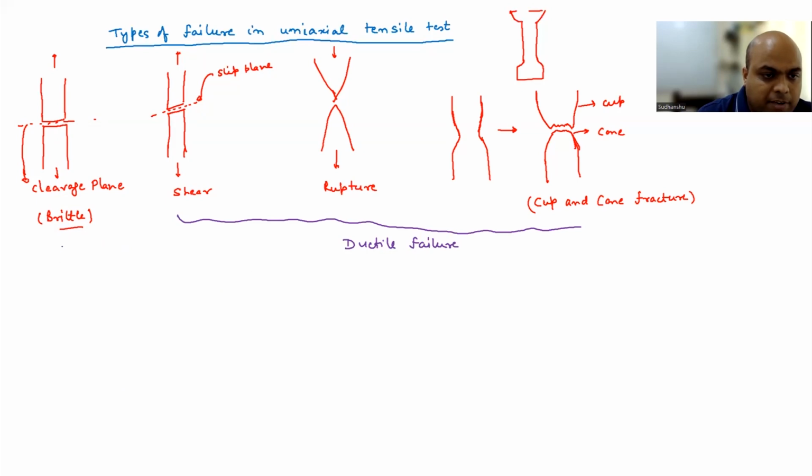Now when we talk about cleavage failure in brittle material, here you are not going to see any deformation, or even if deformation is there, it is very little. So little or no deformation. And this can happen in single as well as polycrystalline materials.